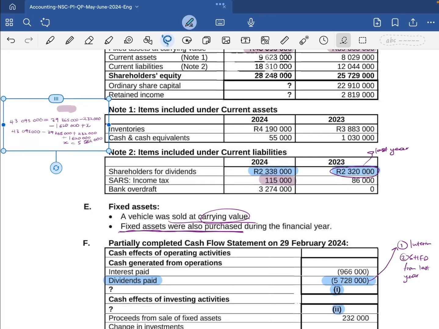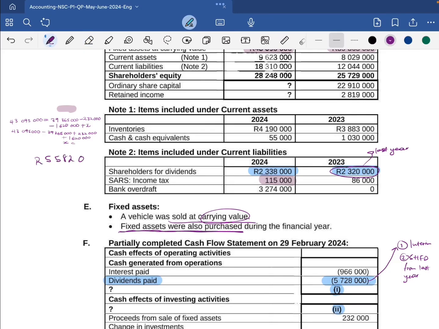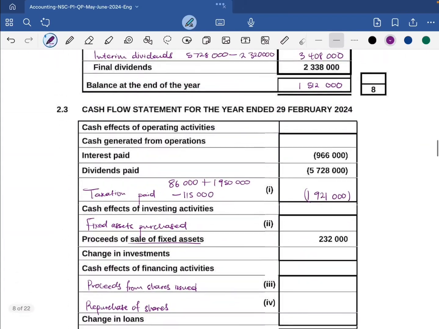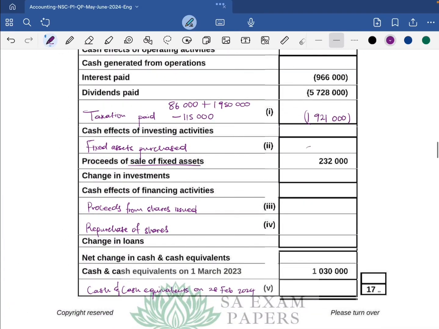So this is our working, right? So that is what we have. Let's just have it as big as we can. So it's 5,582. Right, so this is what we're looking for. So it's 5,582,000. That's our fixed assets that we have purchased this year.